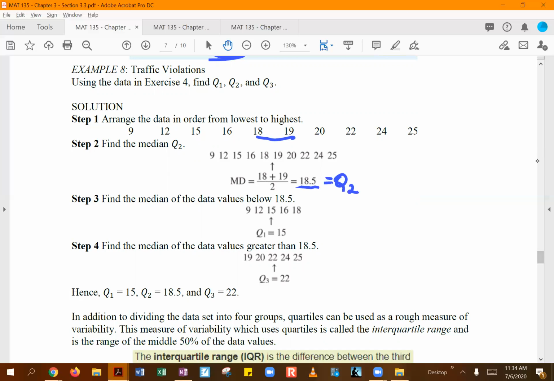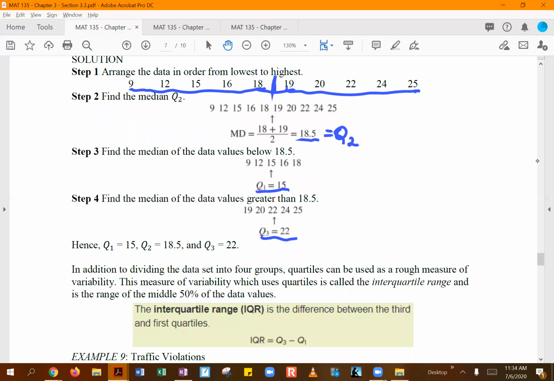18.5 would fall right here halfway between, which means for the first 5 numbers, 9 through 18, we find the median again, and in this case the median comes out to be 15, so that's our quartile 1. Then you take the second half of your data set, which is 19 to 25, find the median in that, and that median comes out to be 22, which is going to be our quartile 3.